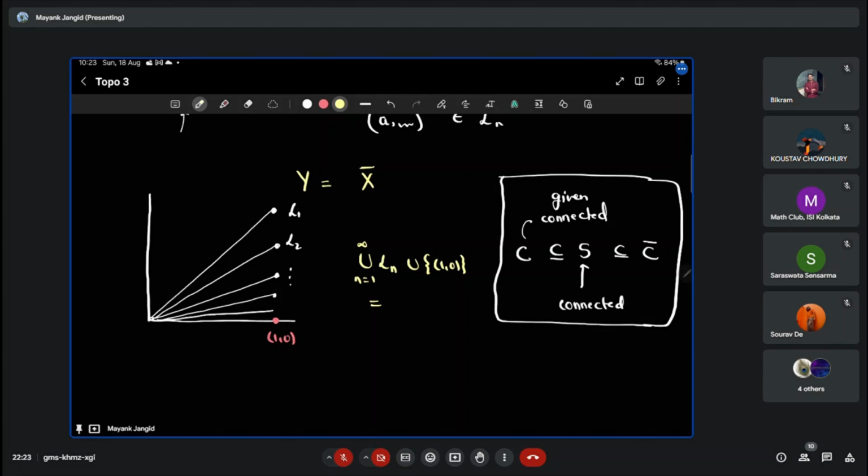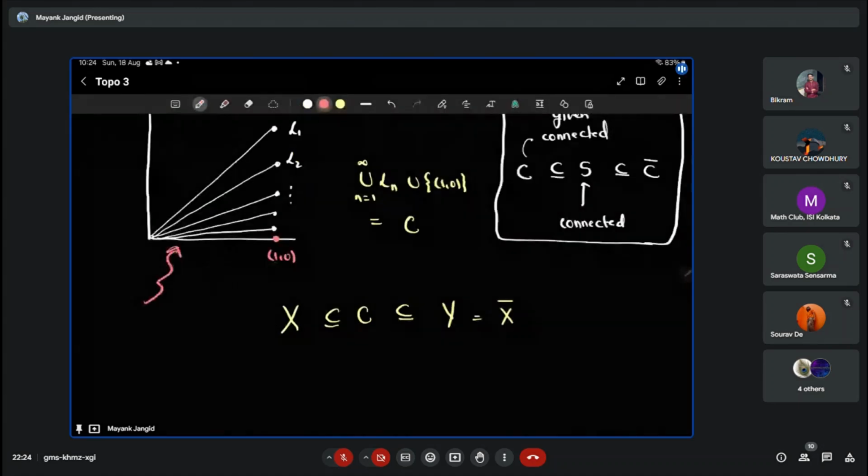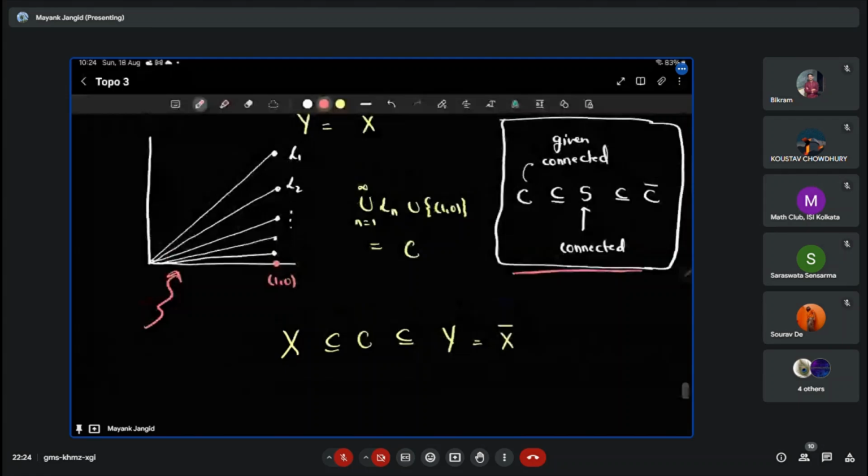I will call this, say, C. C contains this, which using this property is also connected. Is this clear?